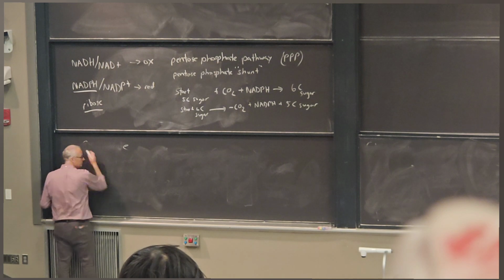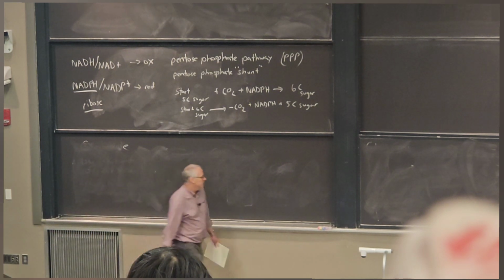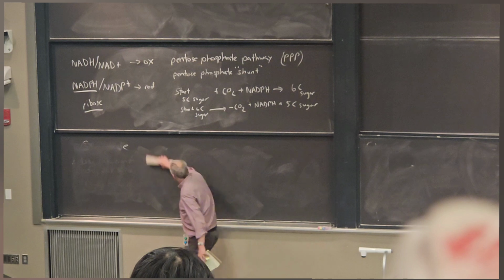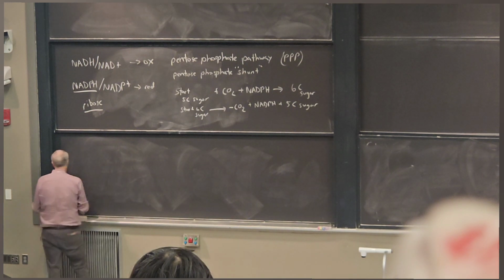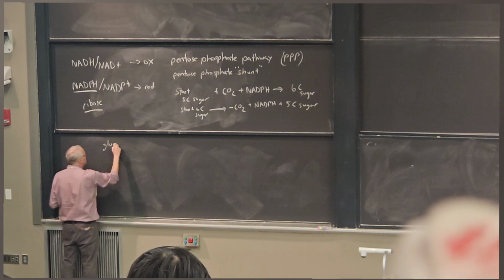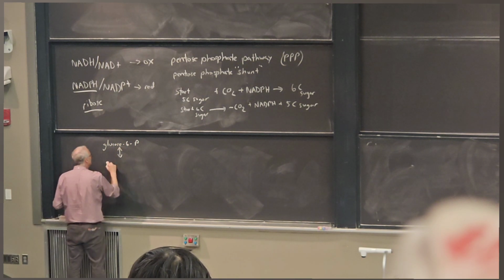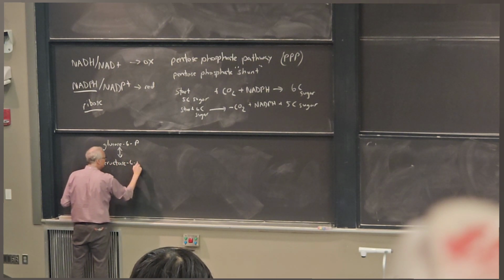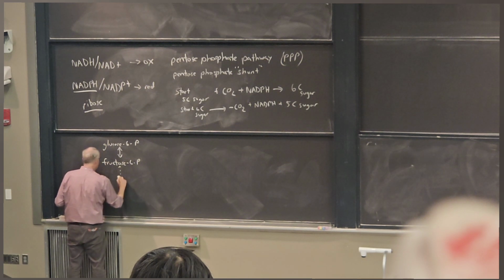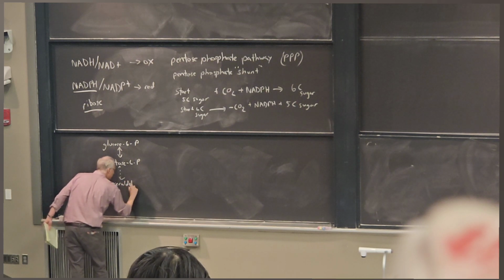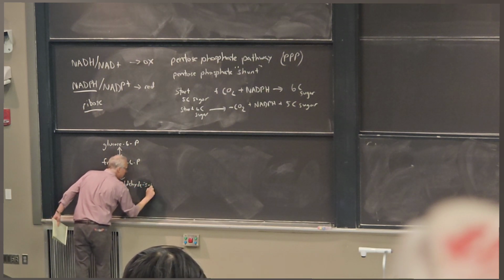All right, so if we think about glycolysis, remember glycolysis, we start with glucose 6-phosphate, okay, that's the top of glycolysis. And turn that glucose 6-phosphate into the ketose, fructose 6-phosphate, and also generate glyceraldehyde phosphate.